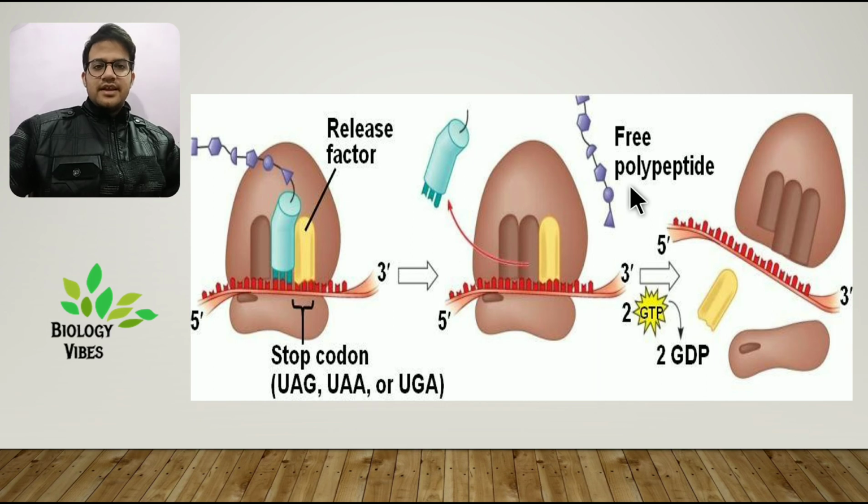Okay, and then all those folding and specific signaling molecules occur there, and it goes to specific parts. That's a different story. But till here, the translation machinery has finished. This translation process has ended.